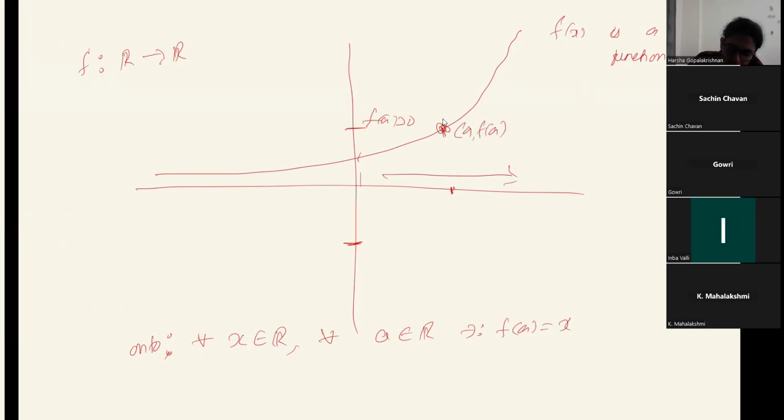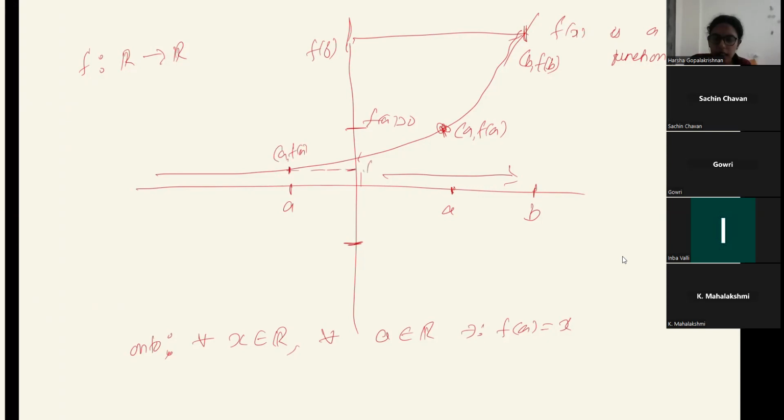If I am taking some other element B here, the corresponding graph point is B, f of B. That means this is our f of B. Now, if I am taking A somewhere here, again here is A, f of A. That means this is our f of A. Clear?